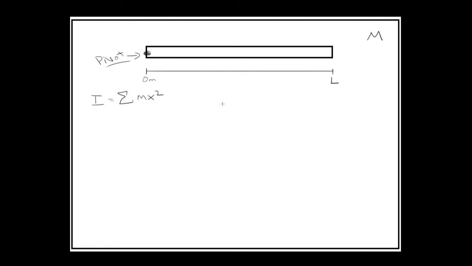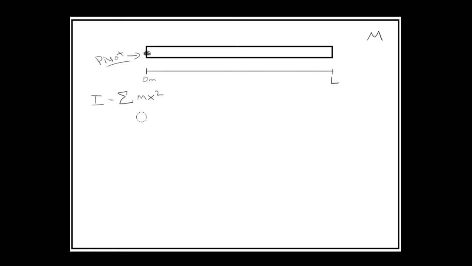So if we had a pivot point here and a couple of masses, it would be the mass times its radius from here, plus this mass times its radius from here, right? Since that is the general equation of moment of inertia, we can solve for a continuous case, because this isn't a collection of different masses, it's one homogeneous mass across the entire long thin rod.